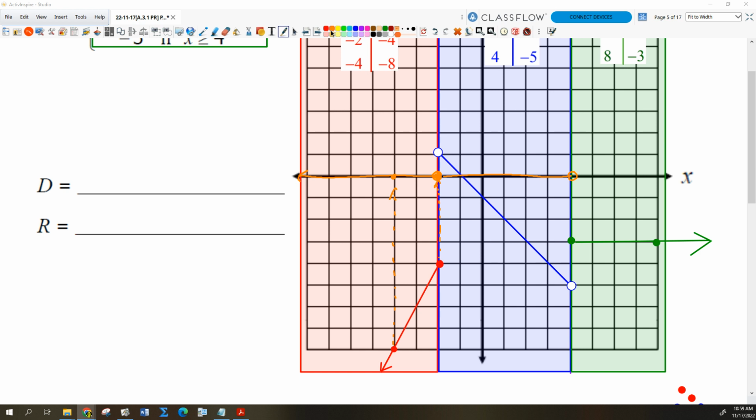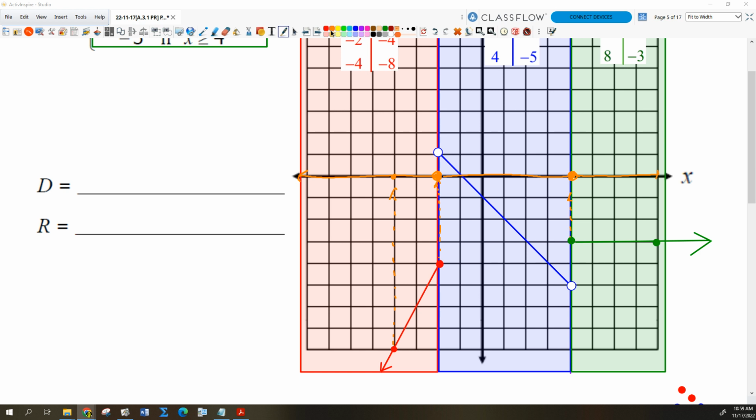How about the green? What would the green do, Miranda? The green x values start where? Okay, so they start up here at 4, and then they're just going to go to the right forever. So it fills in that open endpoint and just keeps going to the right. Well, what did we get? Everything, didn't we?